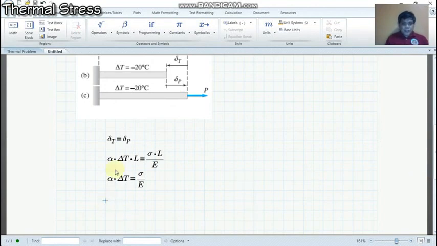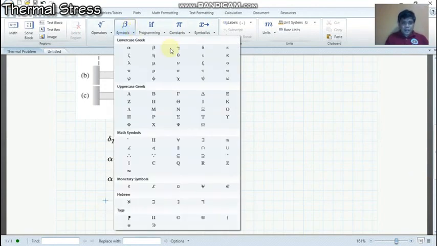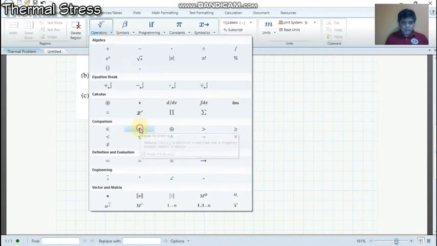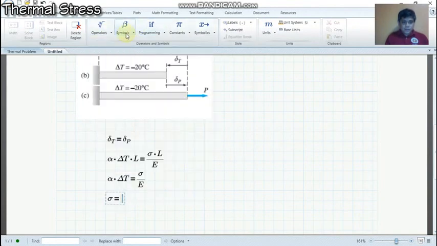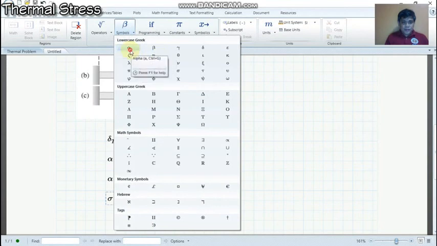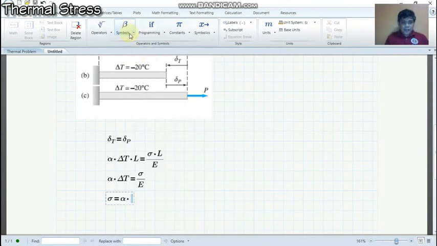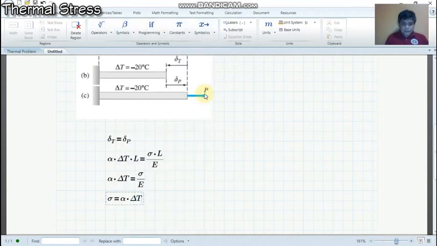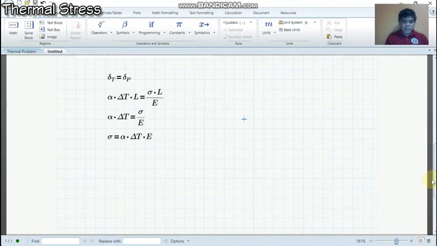Since we're after the stress, rewriting the formula, we have now the stress is equivalent to alpha times delta T times the modulus of elasticity. So we already have the expression to solve the stress. All that's left is to substitute the values.